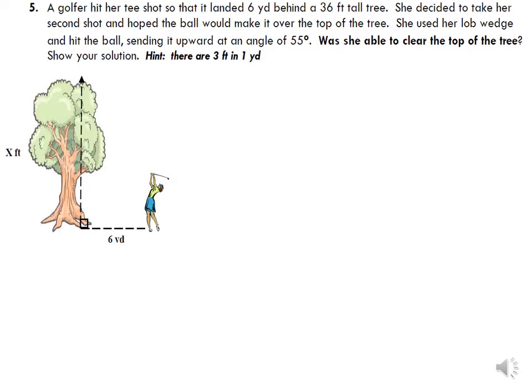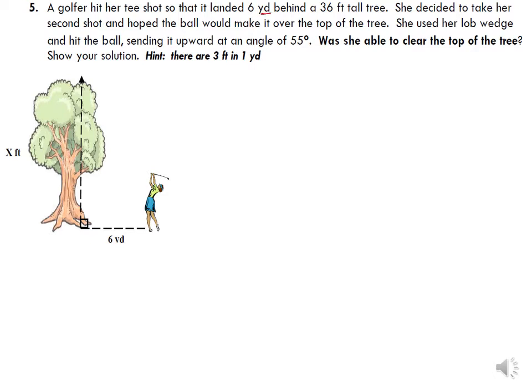Moving on to number 5, and basically the rest of these are all going to be word problems. A golfer hit her tee shot so that it landed 6 yards behind a 36-foot tall tree. Right off the bat, we have a little bit of an issue, which we'll take care of in a second.